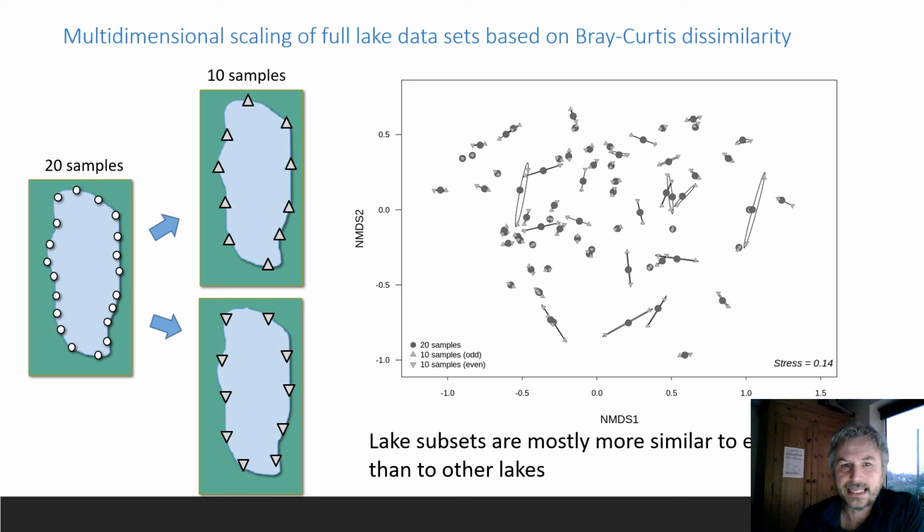And you can see clearly that in most cases, the subsets are much more closely related to each other and to the full data set from the same lake than to a different lake. So this gives us some confidence that the semi-quantitative community structure signal is quite robust to reducing the sample number from 20 to 10.